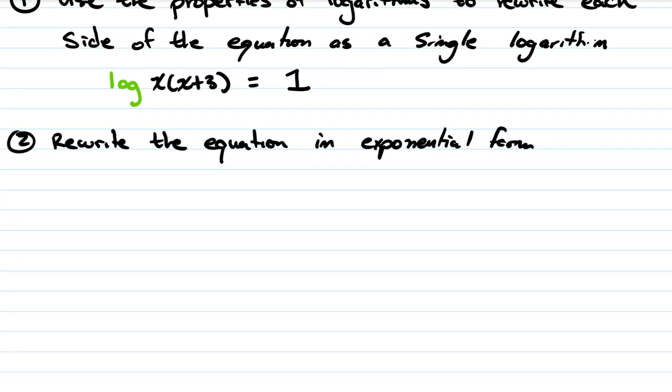So we didn't write it because we had the common logarithm, so don't forget, if we don't write the base, what is our base when it's not written? It's always 10. So our base is going to be 10, our exponent is 1, is equal to x times x plus 3.